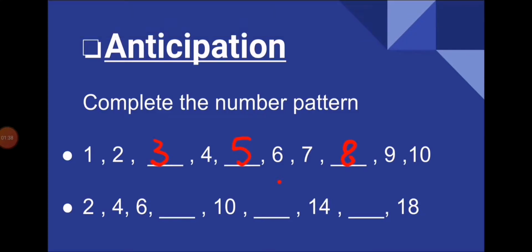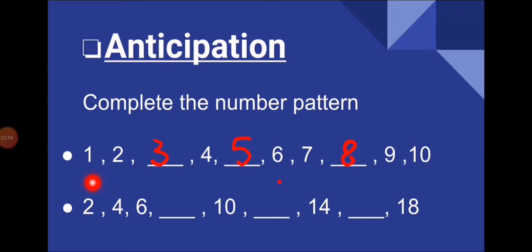Look at the second pattern: 2, 4, 6, dash, 10, dash, 14, dash, 18. Starting from 2, 3 is not here, then 4, 5 is not here, then 6. It means we skip one number after each number given, or we count in twos.